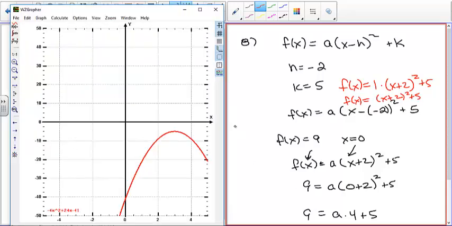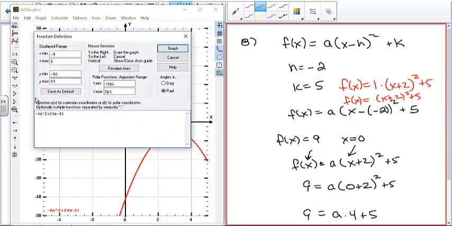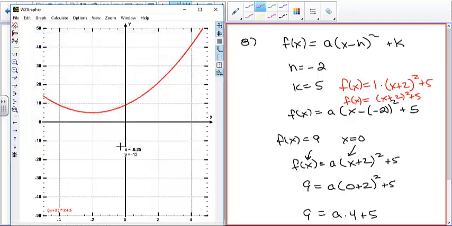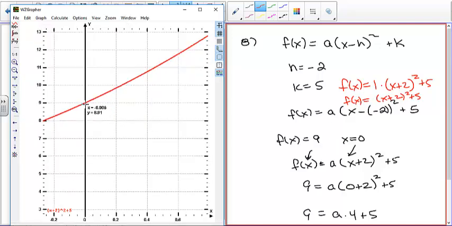And if I plot that function, so I have it in standard form, which will be x plus 2 squared plus 5. I'm going to graph this thing, and you'll see at x equals 0 that the function is equal to 9. It's right there.